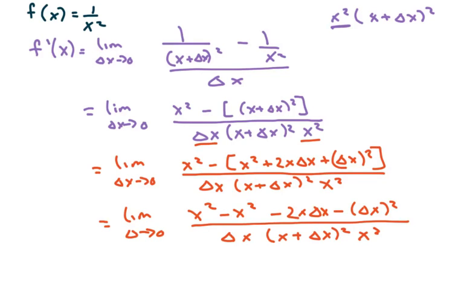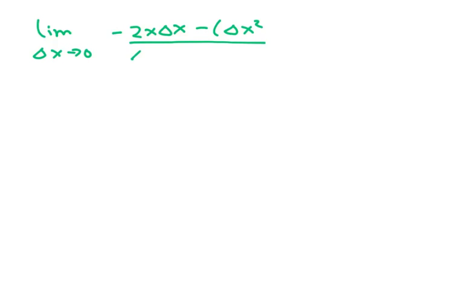Now these are going to cancel, and so what we're left with is the limit as delta x approaches 0 of negative 2x delta x minus delta x squared over delta x times x plus delta x squared times x squared.